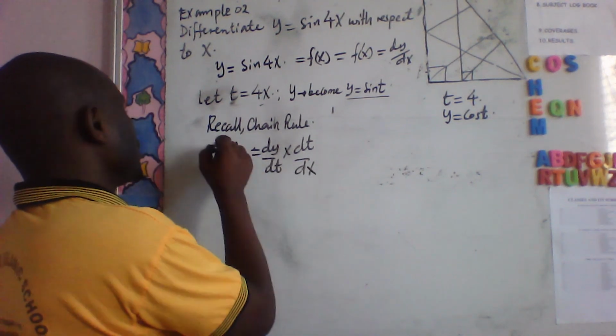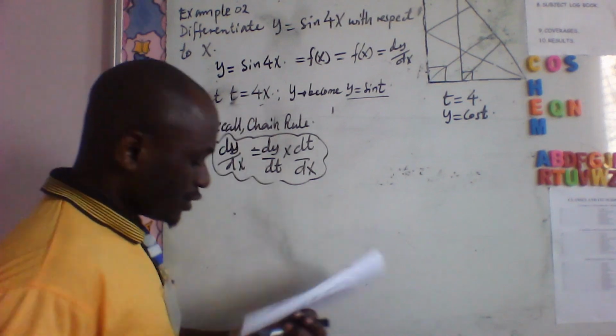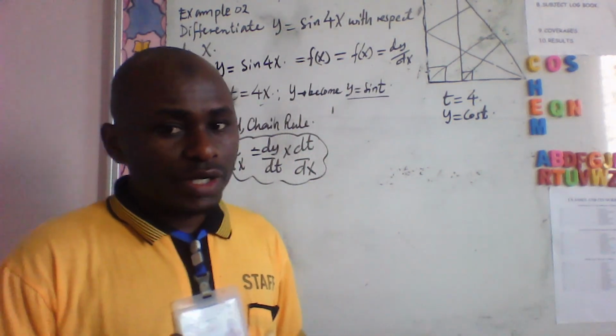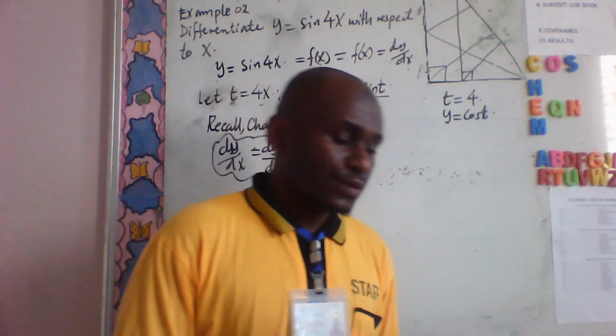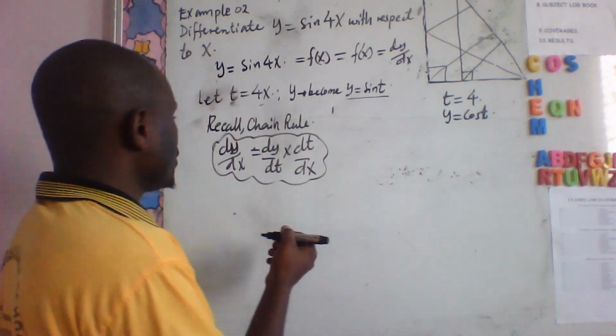This is the rule which we call the chain rule, which we are going to use to provide more emphasis on how to deal with the mathematical operations. So let us proceed with this formula.